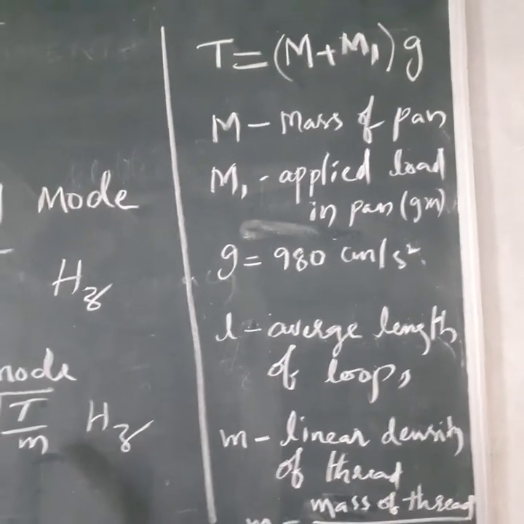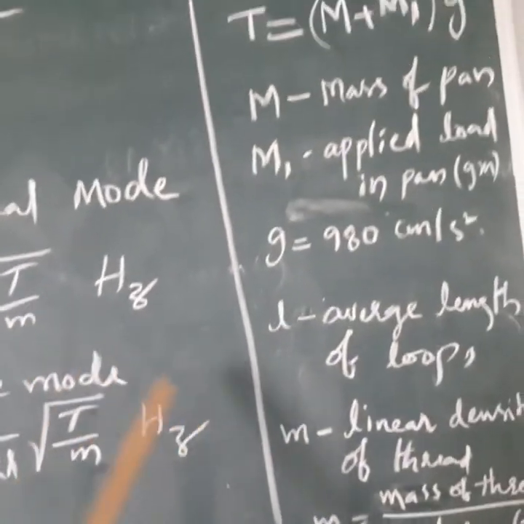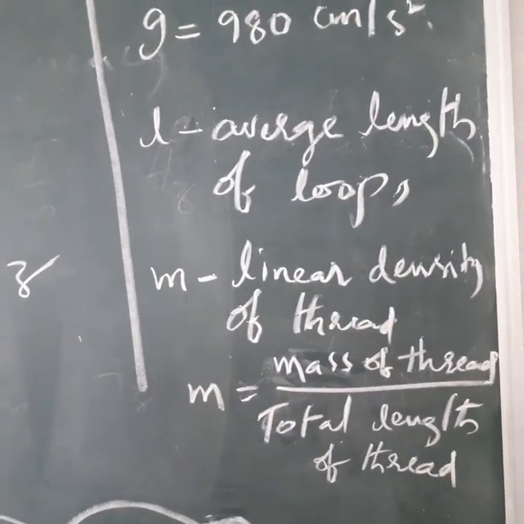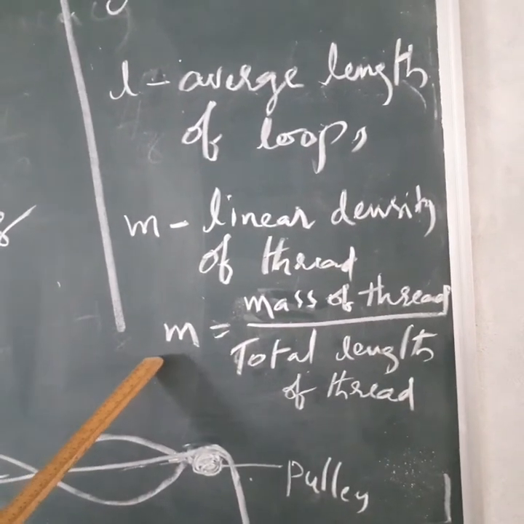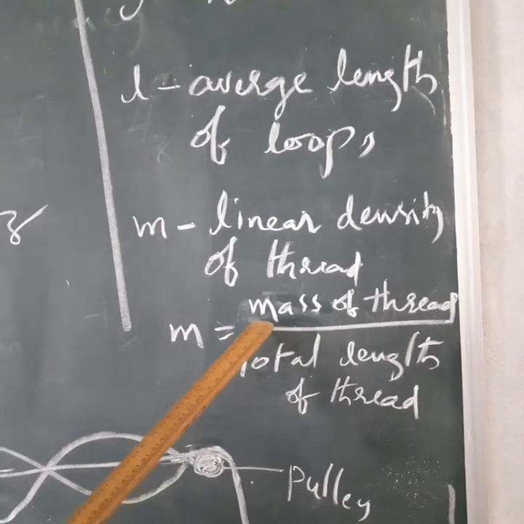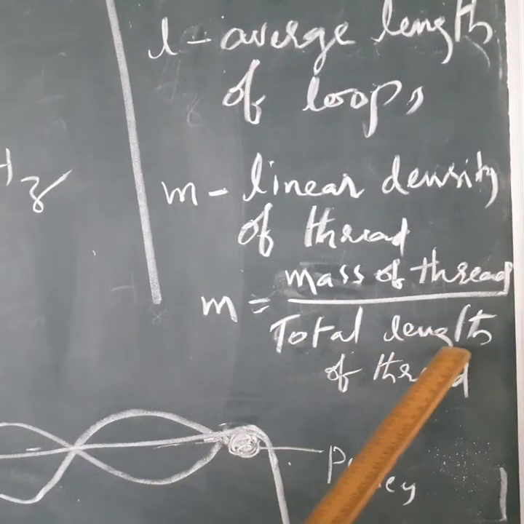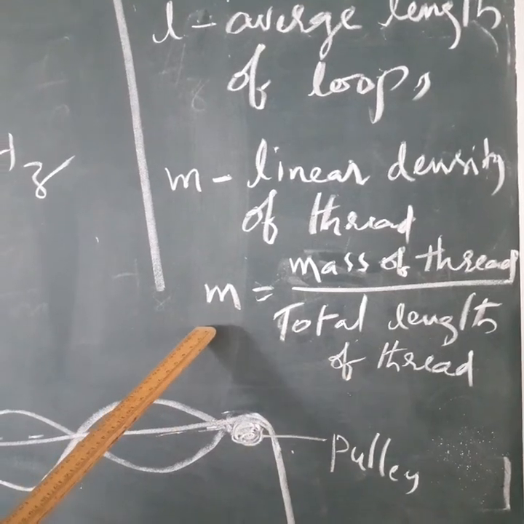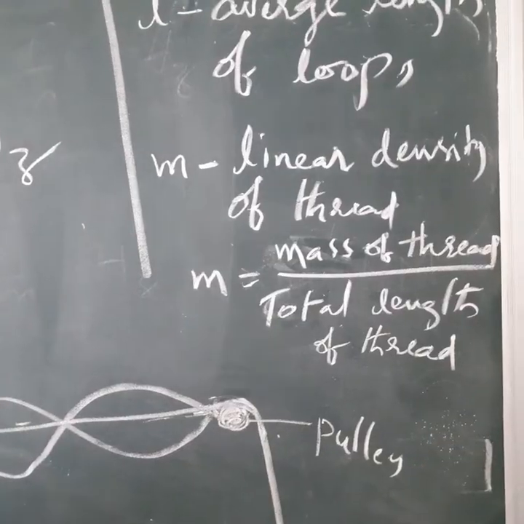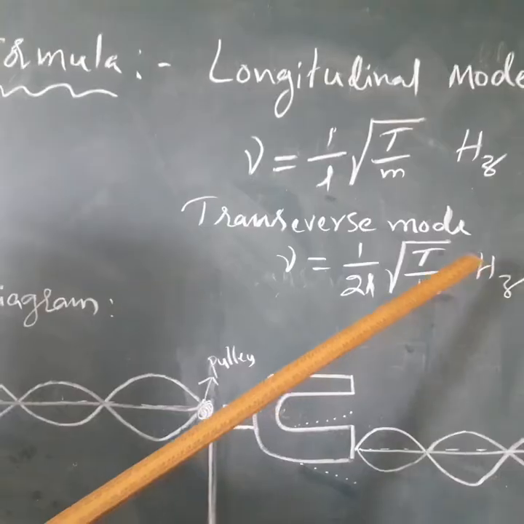Small m in this formula stands for the linear density of the thread. You can determine linear density using this formula: mass of the thread divided by the total length of the thread. Another method is the transverse mode.